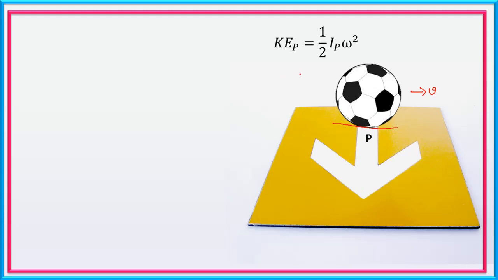Since we have already calculated that the kinetic energy is equal to half I omega square, here the moment of inertia is calculated about this axis at a point P. Therefore, kinetic energy at the point P is equal to half IP omega square. Now, consider this ball and the moment of inertia of this ball about its center of mass is already known.